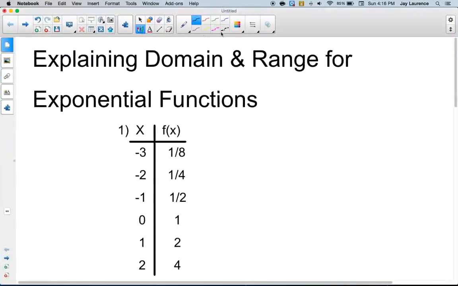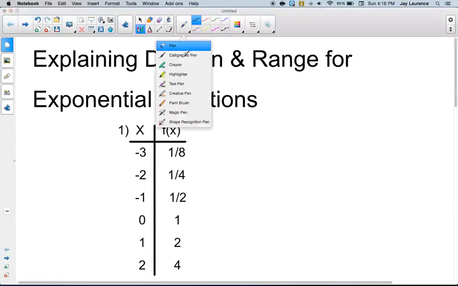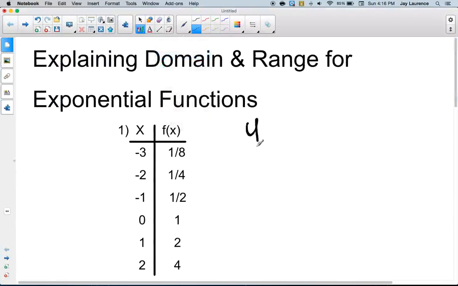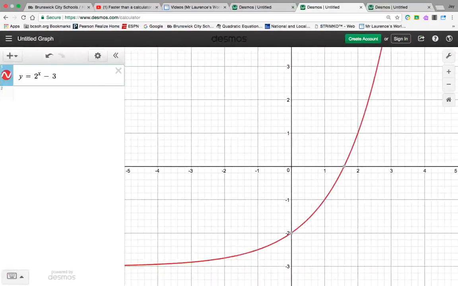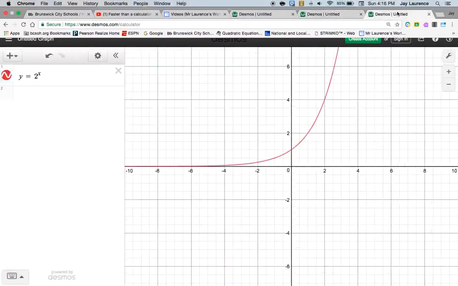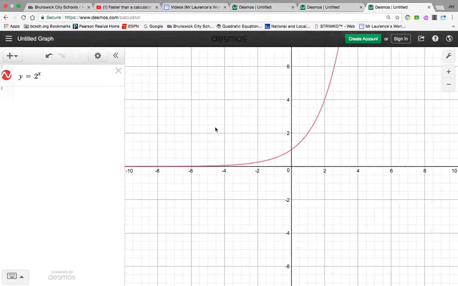So the equation, or the function, was y equals 2 to the power of x. Okay. Now I went ahead and graphed it using Desmos because we're trying to find domain and range. Y equals 2 to the power of x. Now if you look at the domain, we're looking for the possible inputs, the x values.